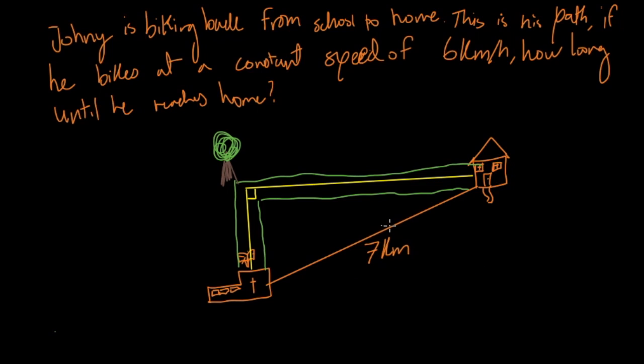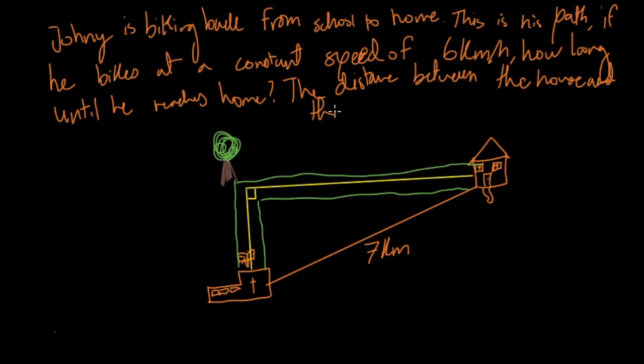So we know that this side is 7 kilometers, and then they say the distance between the house and the tree is, let's say, 6 kilometers. So now we got this side's length, 6 kilometers.